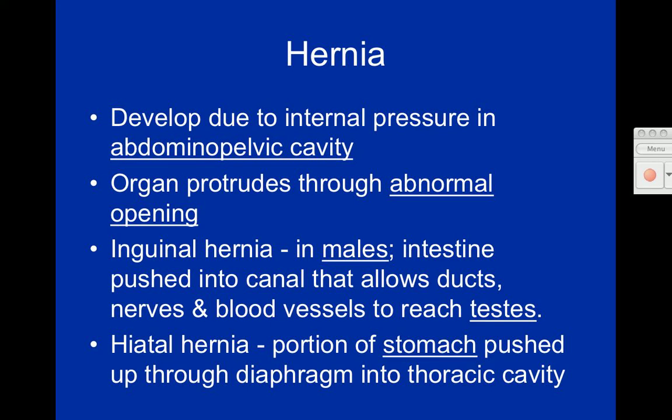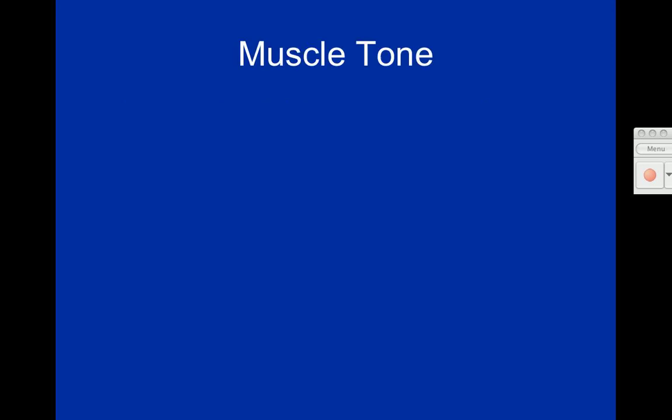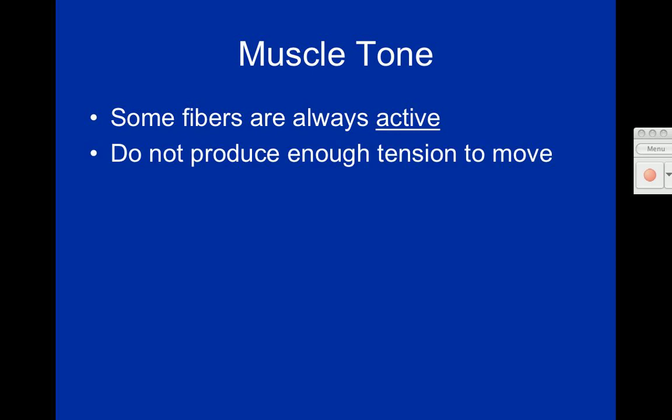Now, one thing that refers to contraction a lot, people talk about muscle tone. Basically, muscle tone refers to the fibers that are always active, even when the rest of them are relaxed. So there are some fibers that are always active, but they don't produce enough tension to actually move anything.